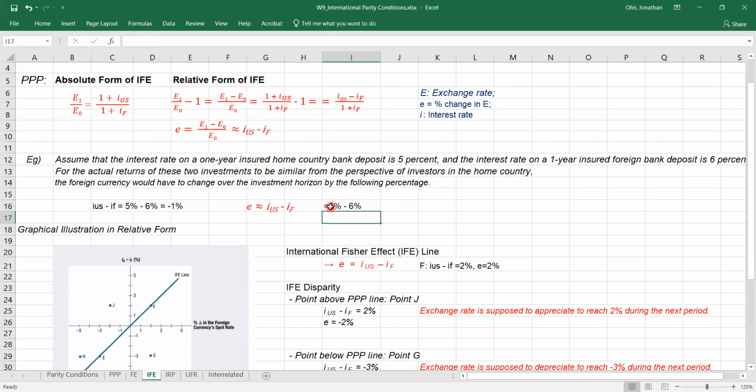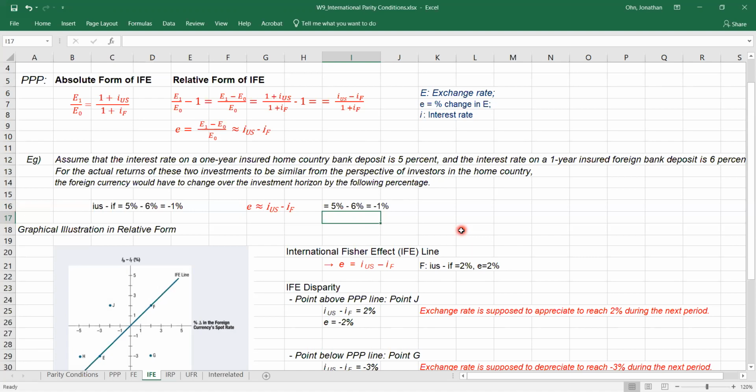And this one is what? 5% minus 6% is minus 1%. You see that? So the relative interest rate is minus 1%.